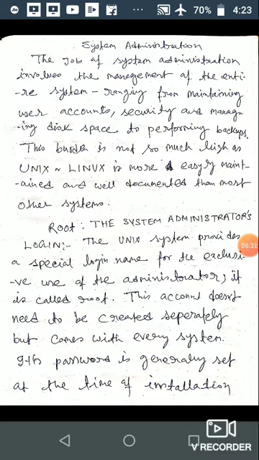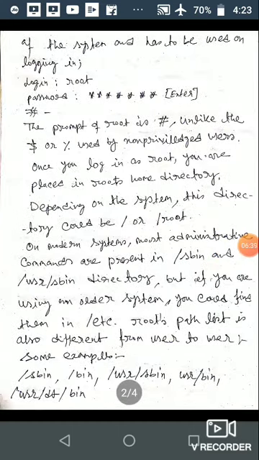Let us move to the next page. Here is an example of login. Suppose a user is logging in at the time of installation: login, root, password. The password set at installation is given here, shown as stars.